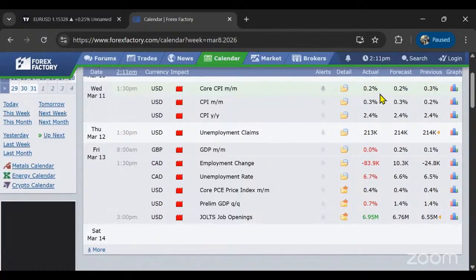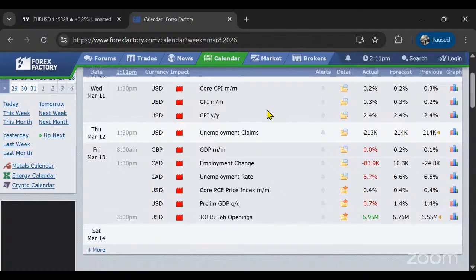But considering the overall news release, we can say that this particular news is good, is bullish. The data they brought out is positive because the numbers are greater than the previous ones. So all the pairs that have USD are going to go up in value.